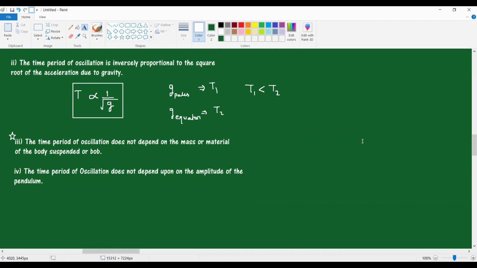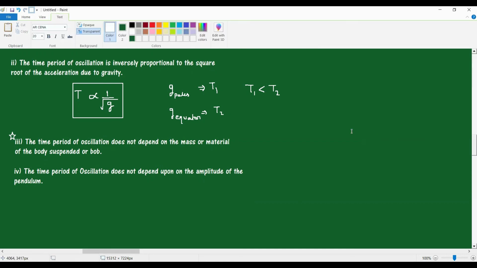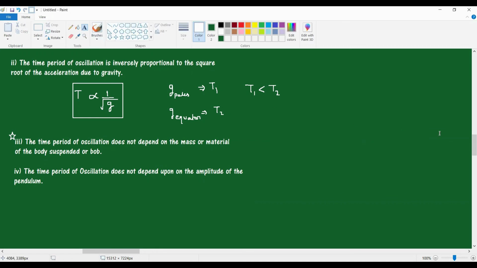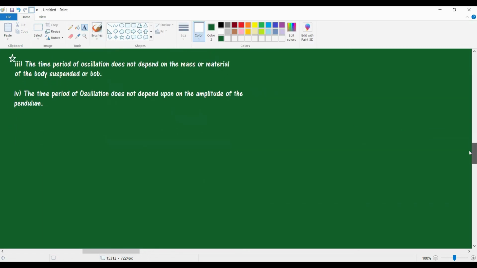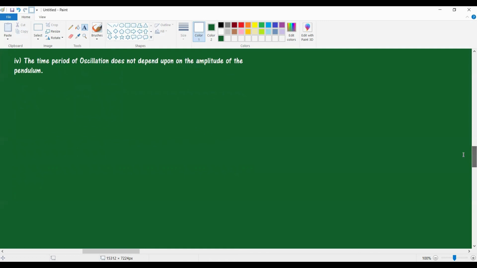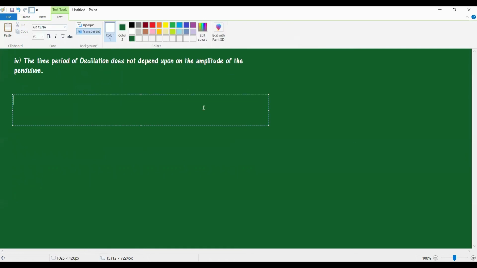Simply, the final expression for time period will be what? Final expression for the time period.